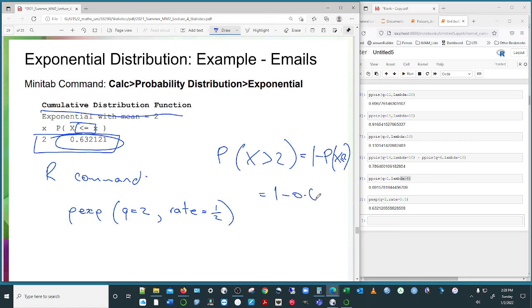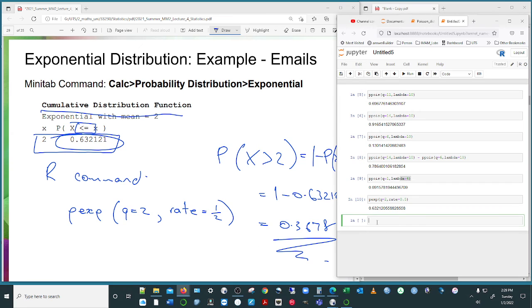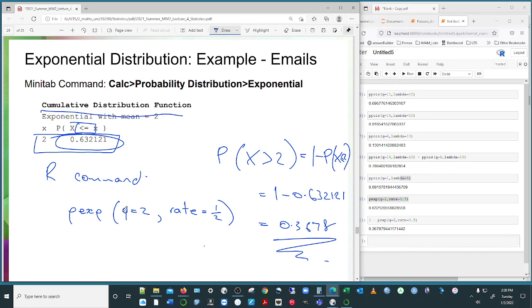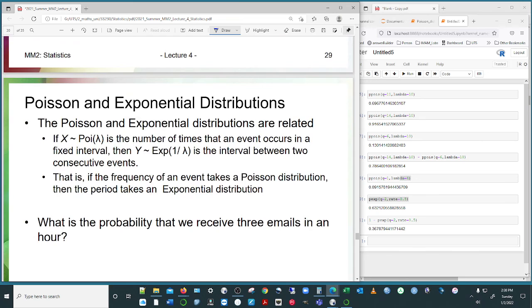So it's very befuddling when you're switching between discretes and continuous, or it can be. So it's an important point to keep in mind. 0.3678, there you go. So we've been able to generate that. I could have done that in there, just done 1 minus this, and it would have given me the same thing. Okay, so it doesn't matter what you're doing, you can use your R for that.